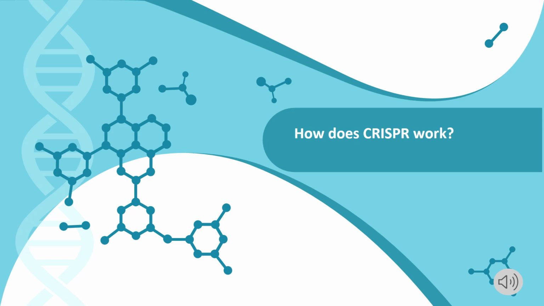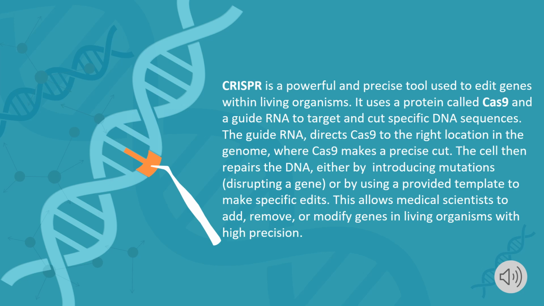How does CRISPR work? CRISPR is a powerful and precise tool used to edit genes within living organisms. It uses a protein called Cas9 and a guide RNA to target and cut specific DNA sequences.